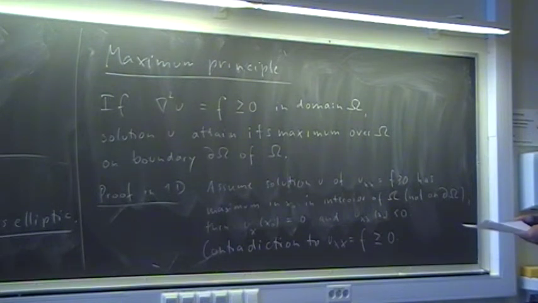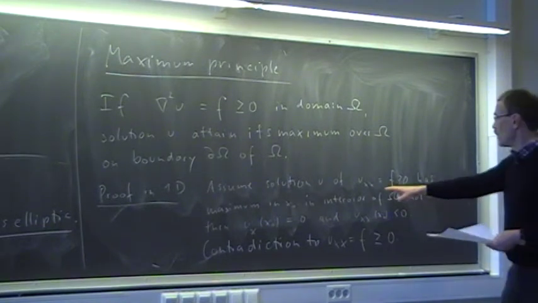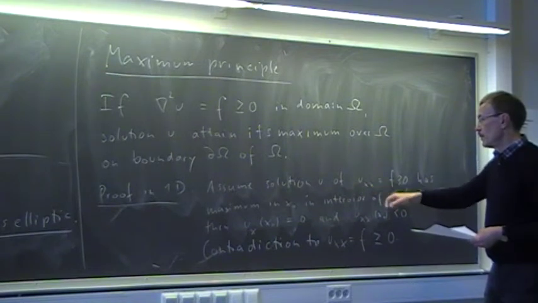So let's see, can we understand that? We have the second derivative equal to f.